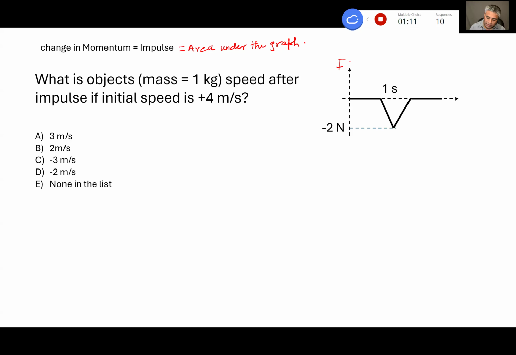And by the way, this is a force time graph. And the initial direction is positive, let's say. Maybe I should say velocity.